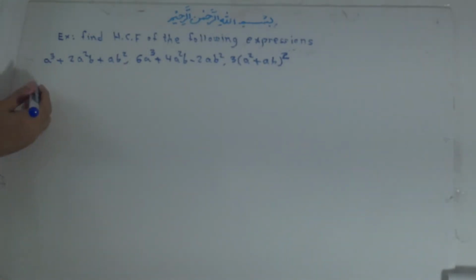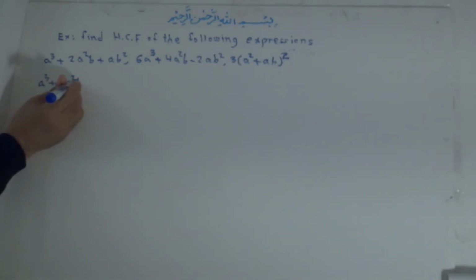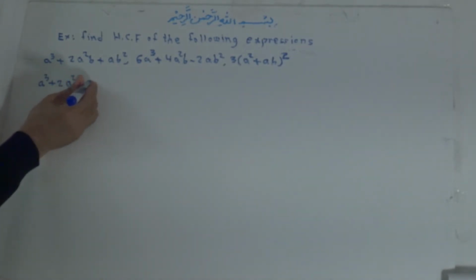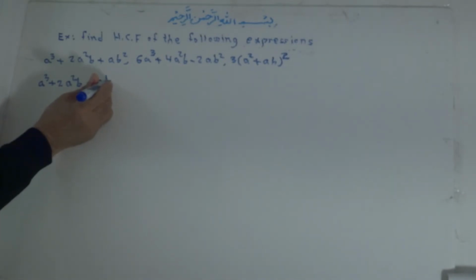For example, the first one, a to the power of 3 plus 2 a to the power of 2 b plus a b to the power of 2.